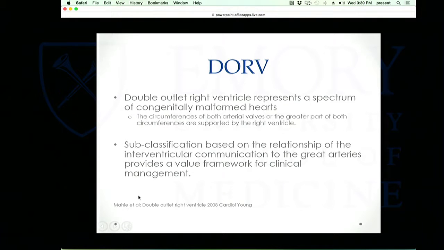So this is what Dr. Maley and Bob Anderson said about double outlet right ventricle: that it represents a spectrum of congenital malformed hearts, where both the arterial valves, the greater part of both of them, are supported by the right ventricle. And then the subclassification is based on the relationship of the VSD and the great arteries. It tells you more about what they act like.